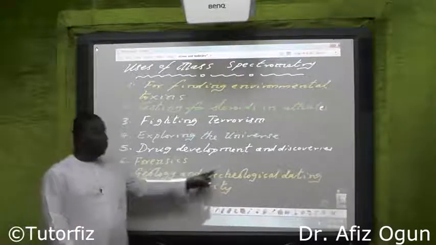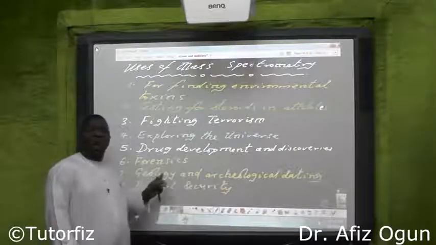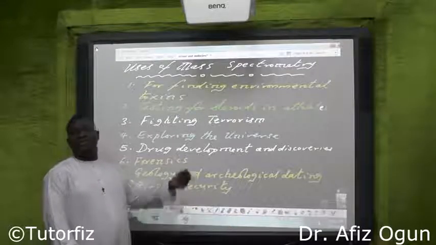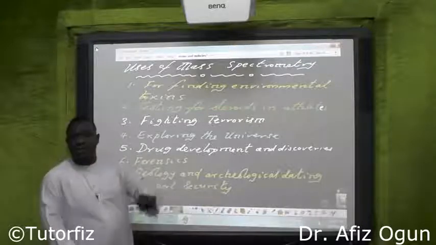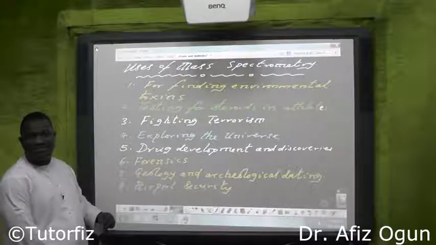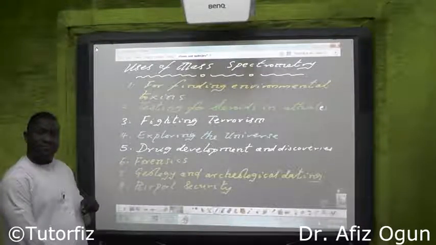For those of you with us during IGCSE when we did radioactivity, when we were trying to calculate the age of rocks, to know the percentage of potassium, percentage of lead, percentage of this in a particular rock, and we use it to calculate the date. You remember from our IGCSE physics, I taught you that.